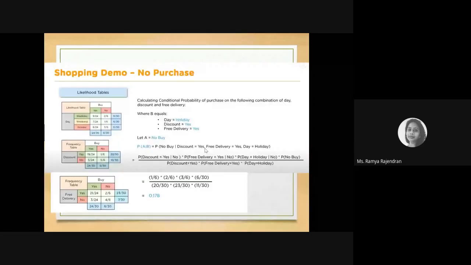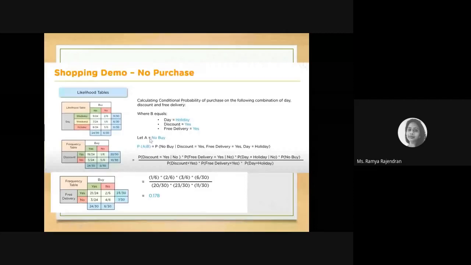So now we are including a combination of all three factors in the occurrence of event B. We are calculating the conditional probability where the day is a holiday, discount is available, and free delivery is available, and the event A is not buying.